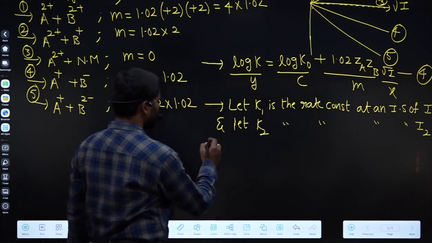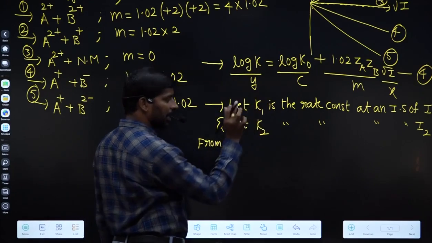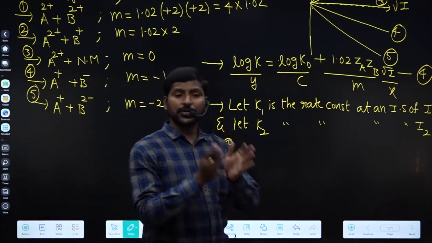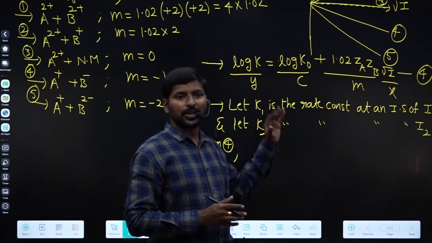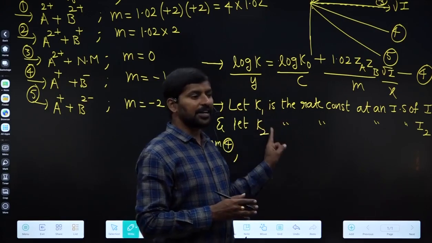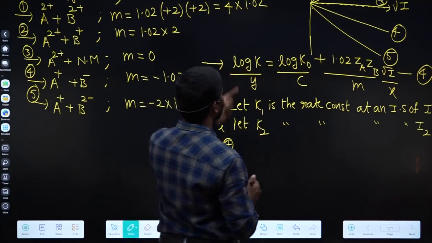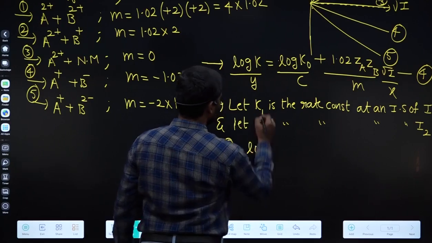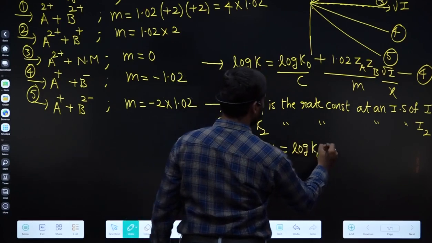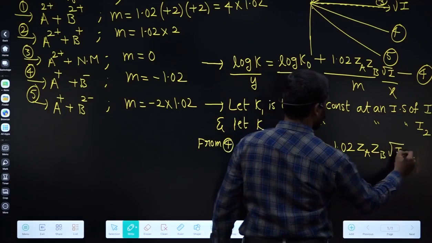If you apply equation 4 at I1 ionic strength and I2 ionic strength, the same reaction at two different ionic strengths, how do the rate constants change? At I1, log K1 is equal to log K0 plus 1.02 ZA ZB square root of I1.